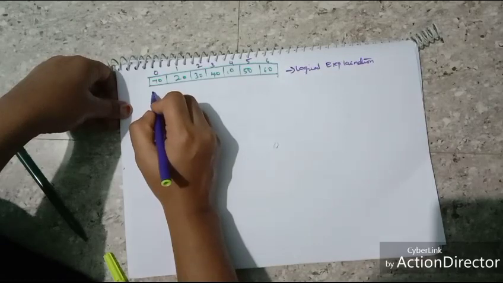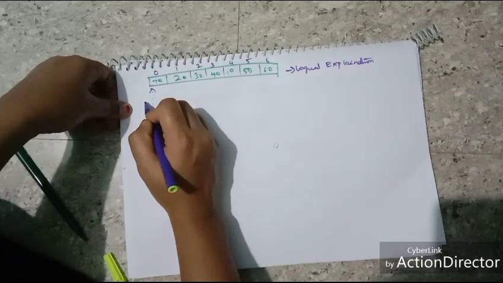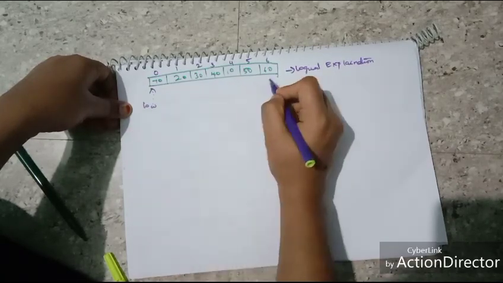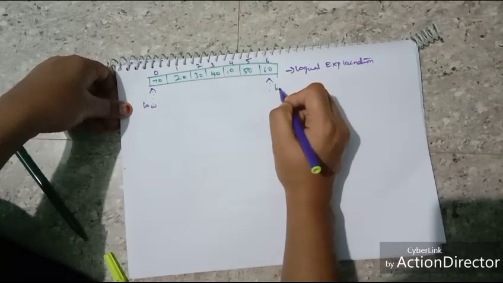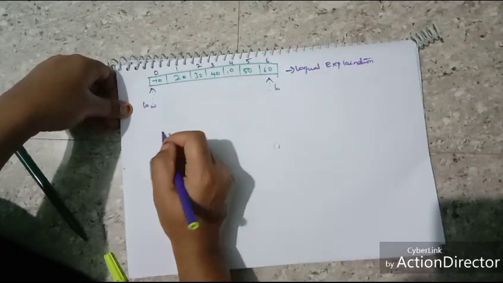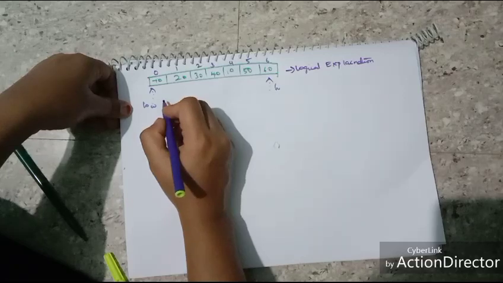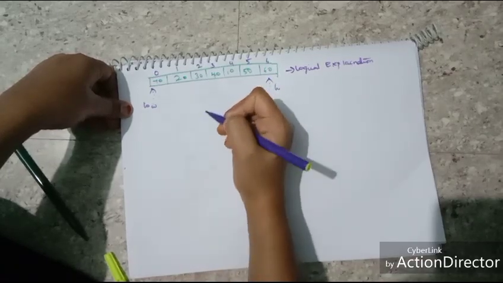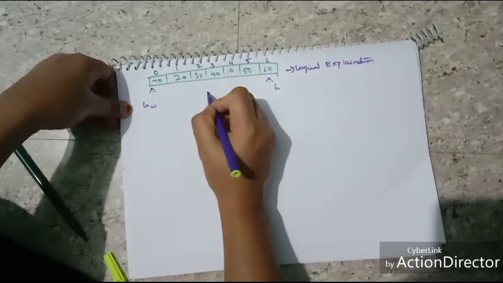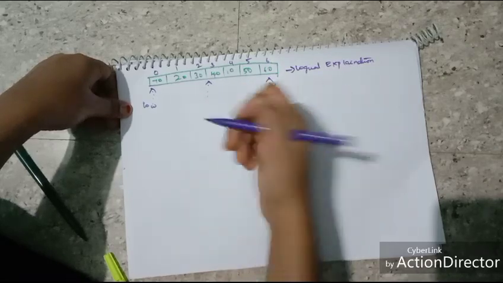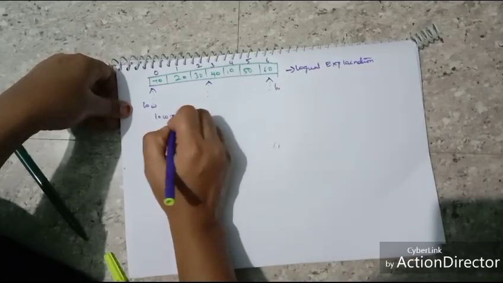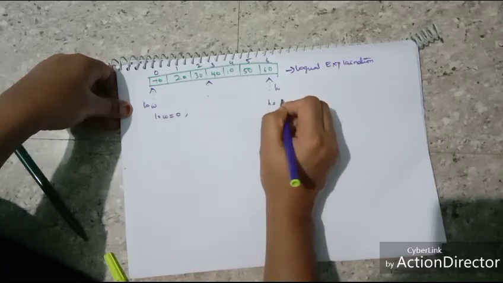The low value for this array is 0, and the high value for this array is 6. Using this, how can we find the mid value? By using the formula I told you in the last video. Low equals 0, high equals 6.